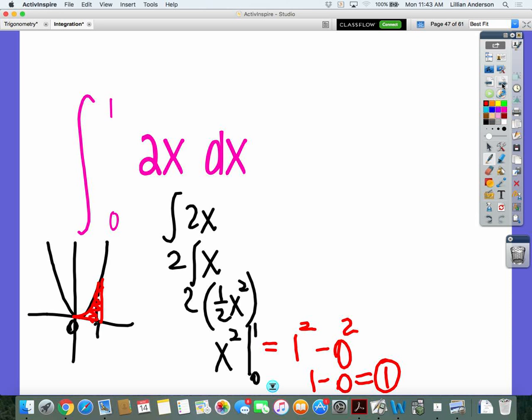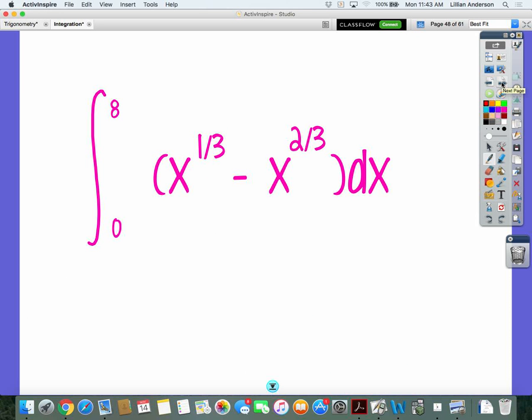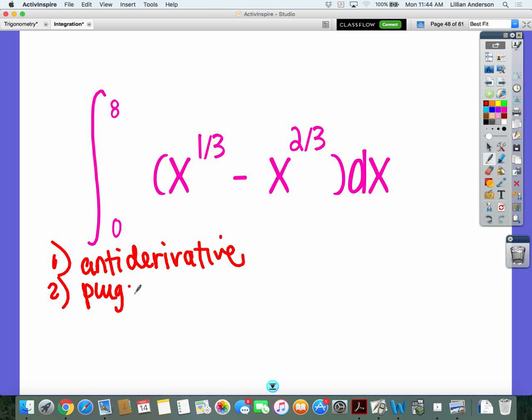Alright? This one. Whiteboard. Make sure you take the antiderivative first. There's no plus C whenever you're doing ones with bounds. Then you plug in B, your top bound.